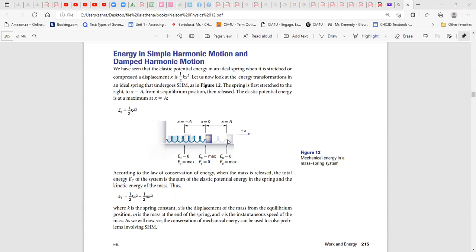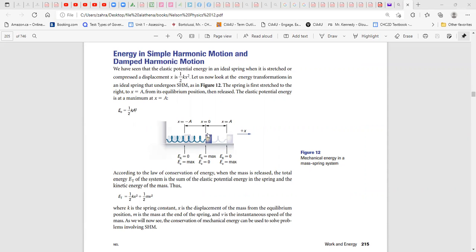Then as it is stretched, this velocity will turn into potential energy. At a moment it stops, so the velocity is 0, meaning kinetic energy is 0, and all of the kinetic energy has turned into potential energy. At this end, you have maximum potential energy. Let it go back again, and all the potential is turned to velocity.